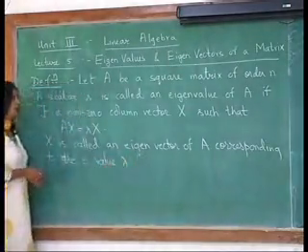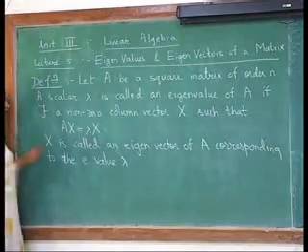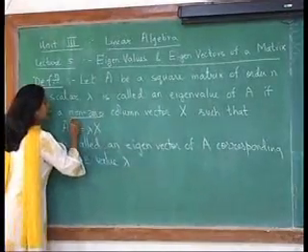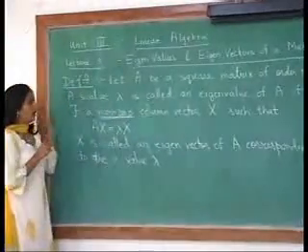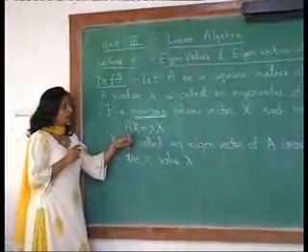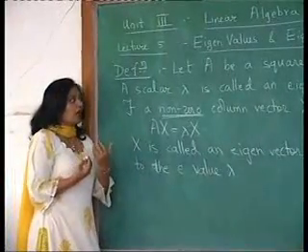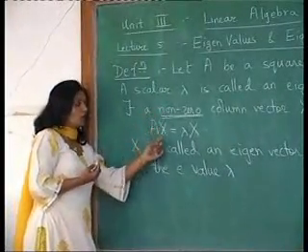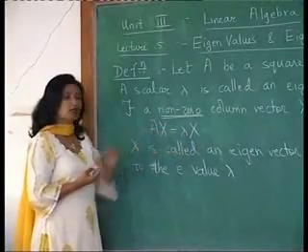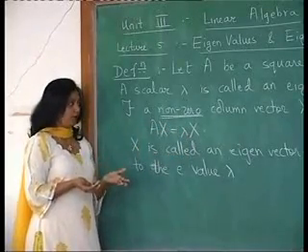Now here is something very important that one has to know, and that is this vector x is never allowed to be the zero vector. The reason why we are looking for a non-zero column matrix which will satisfy this equation is the following.